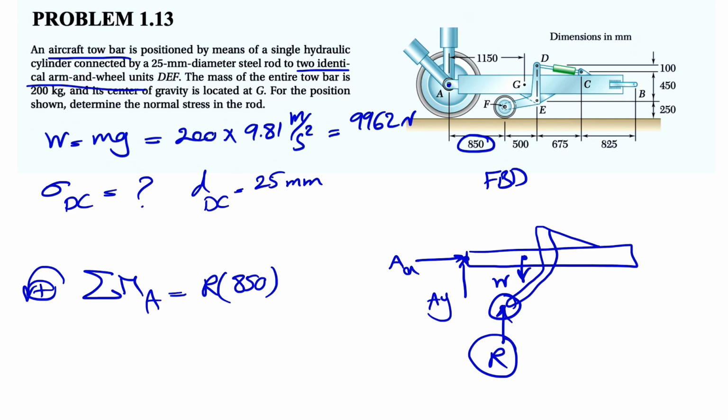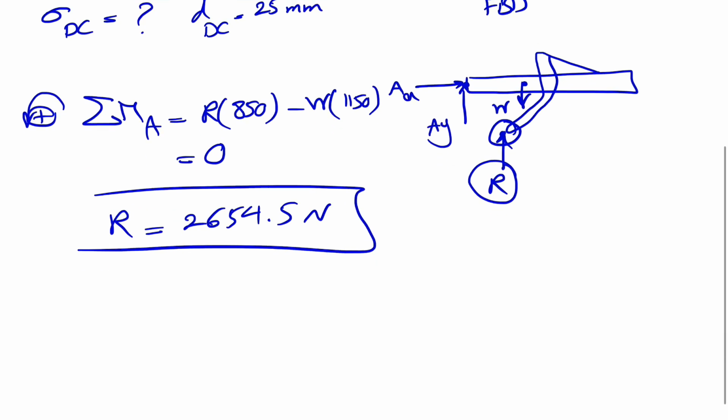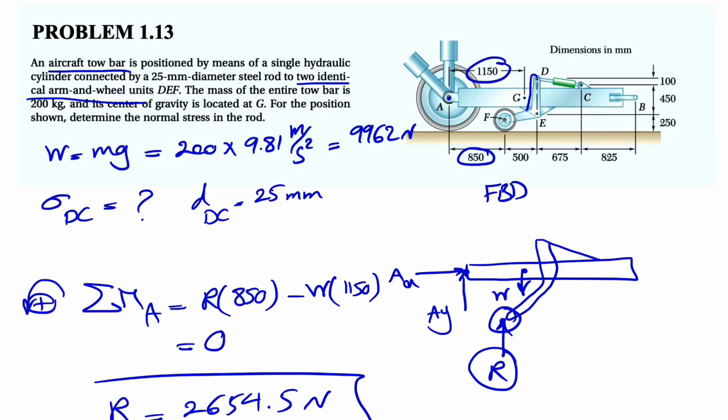And we have the moment of the weight, which is clockwise, so we have a negative sign, and the distance would be the distance from G to A, which is 1150. Since we are in equilibrium, this will be equal to 0, and we can find R in here, which will be 2654.5 newtons.